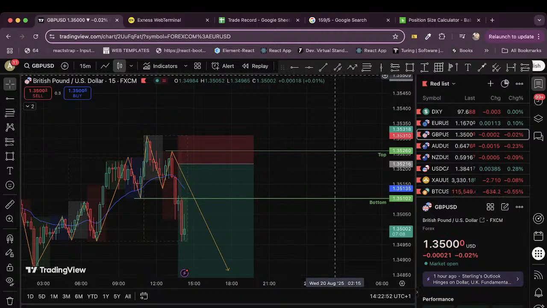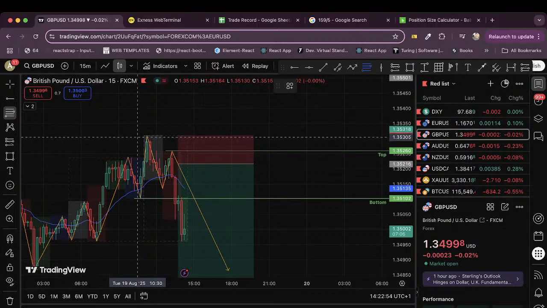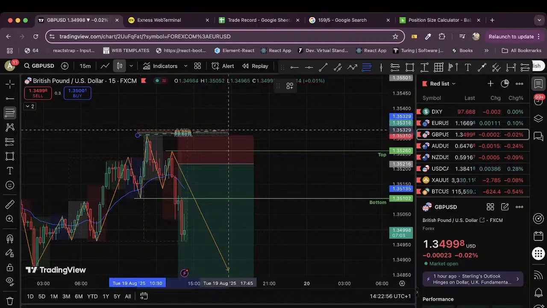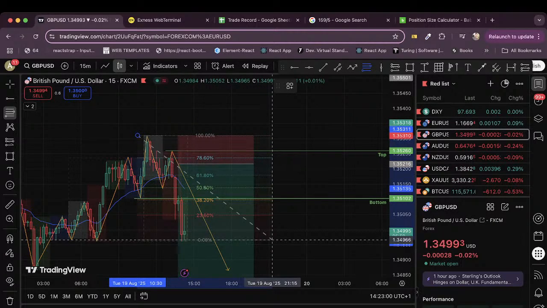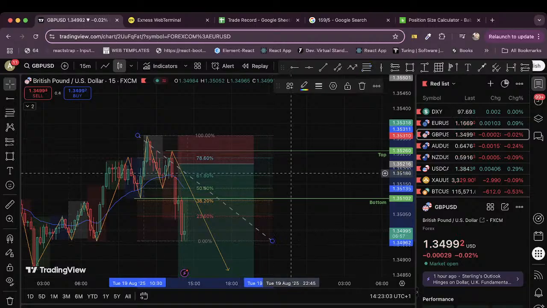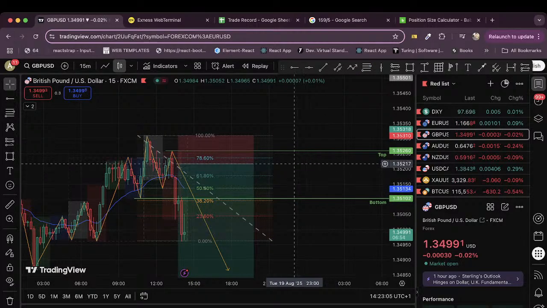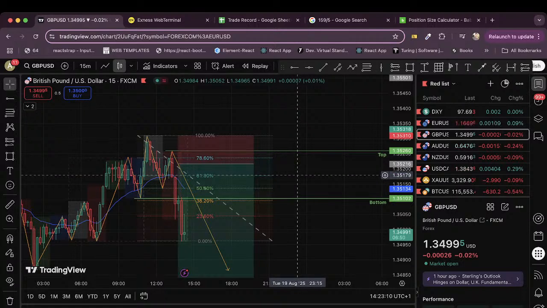Let's overlay the Fibonacci and see what Fibonacci level that aligns with. That level is in between the 78 and the 60% zone, which is considered the best entry zone.